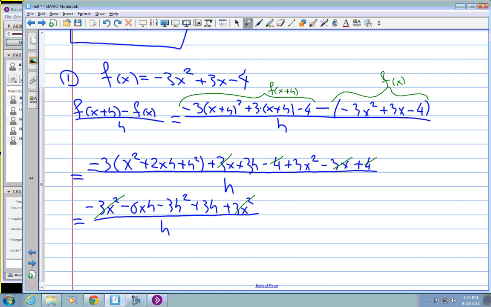But the proper way to avoid making any silly errors would be to factor the h out of the numerator, so it's negative 6x minus 3h plus 3 all over h. And then you can kill the h's, and we're down to negative 6x minus 3h plus 3.